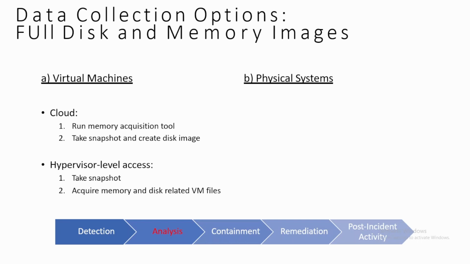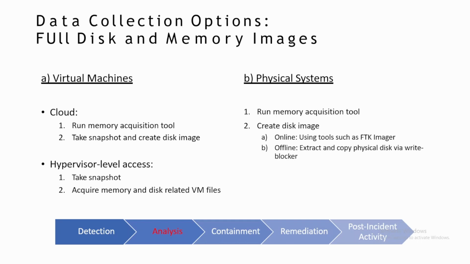So for the full disk and memory image collection, we have two types of machines: physical systems or virtual machines. If it's in a cloud environment, you should make sure that your cloud provider has some tools to collect the memory artifacts, take a snapshot, or create a disk image from those VMs.